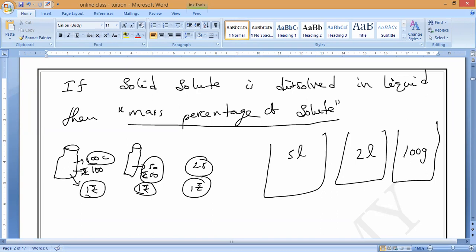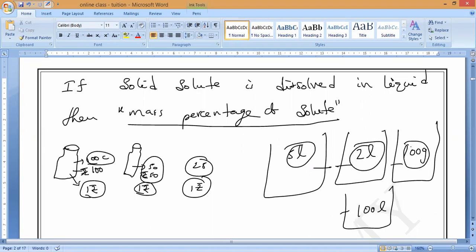We can measure with the help of a bowl, neglect the bowl mass, and get the remaining mass of water. Another will measure for 100 liters of water. Then everywhere the solute percentage is the same if you are dissolving the same proportion. It depends upon the amount of solute dissolved in the equal amount of solution. Is it yes or no, guys?